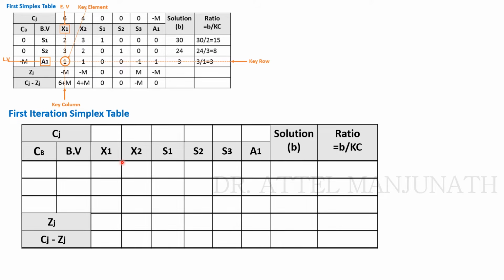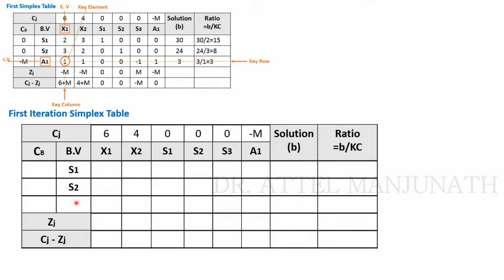Write down the objective function coefficients 6, 4, 0, 0, minus m whatever we have taken from the previous table, and here the basic variables are s1 and s2 as they are. x1 becomes the entering variable and a1 becomes the leaving variable.